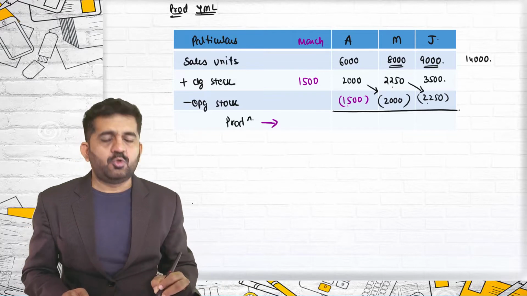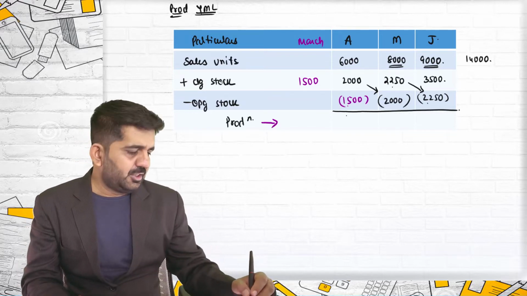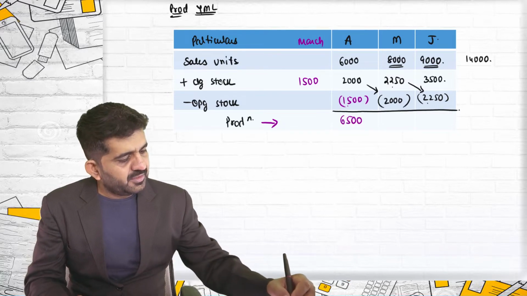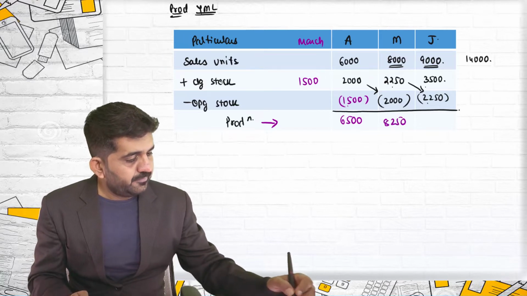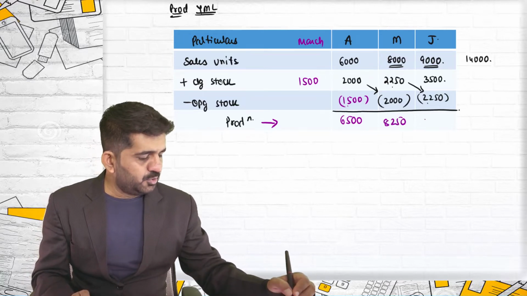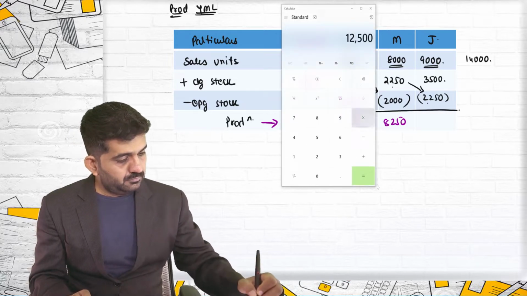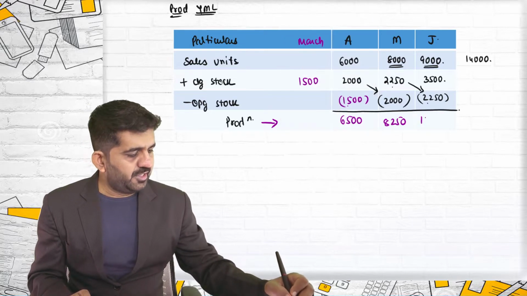I can find out what will be my production in April, May and June. This is 8,000 minus 1,500, which is 6,500. 10,250 minus 2,000, this will be 8,250. 12,500 minus 2250 is 10,250.